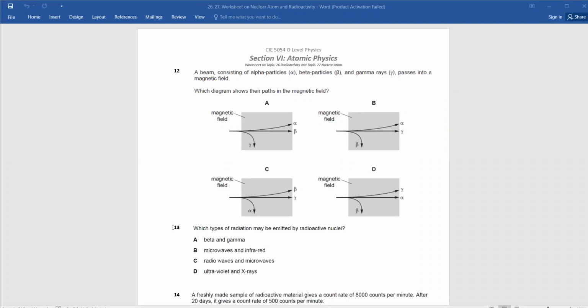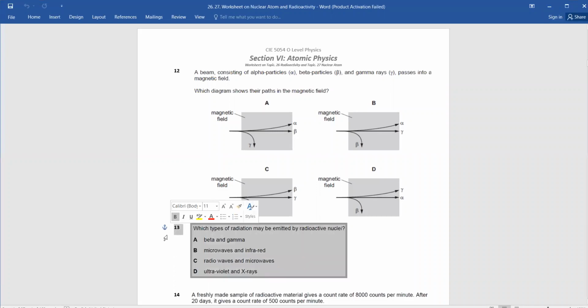Now 13. Aisha, you continue 13. Hello Ifas, thank you for joining. Sir, I will leave a little later. You have another class? Yes sir, at three. Okay, in coaching?